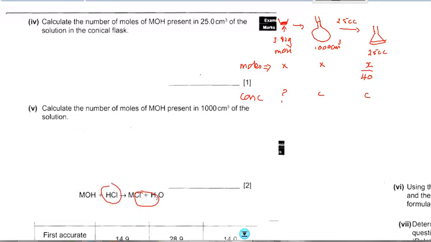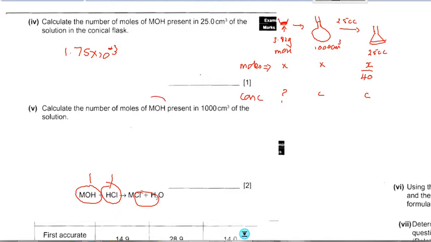Well, if you have that number of moles of acid, you will have exactly the same number of moles of MOH. Okay, so it works out at 1.75 times 10 to the minus 3. And that's because you have a 1-to-1 ratio there of moles of metal hydroxide to moles of acid.